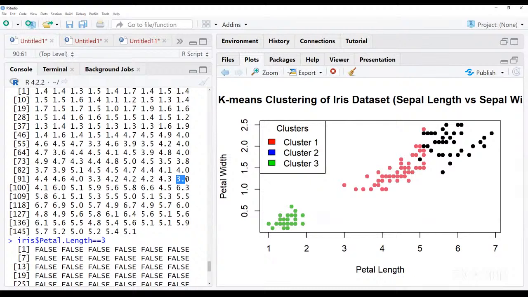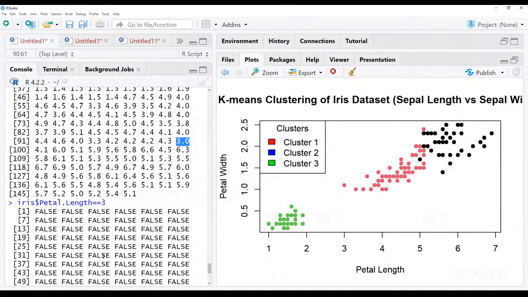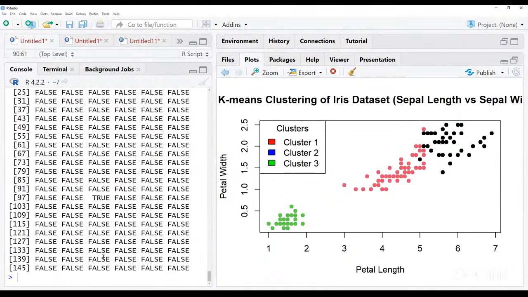Yes, 3. That is the 99 in case of the petal length. And this case in petal width. Petal width you have above.